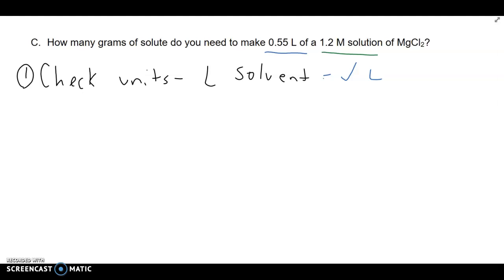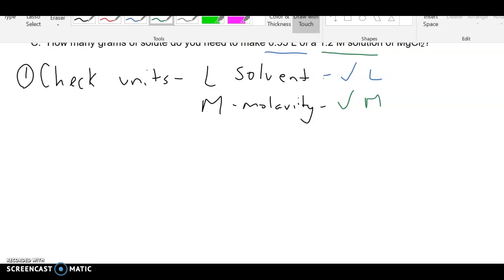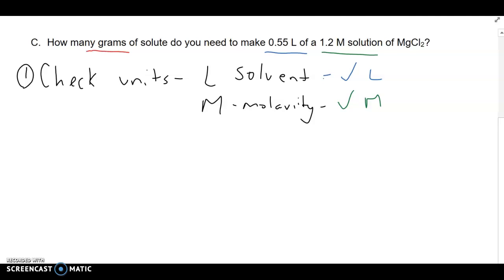But here's the other thing. We are given our molarity, M. So is our concentration in molarity? Yes, it is. So what are we looking for? We're looking for our grams of solute.